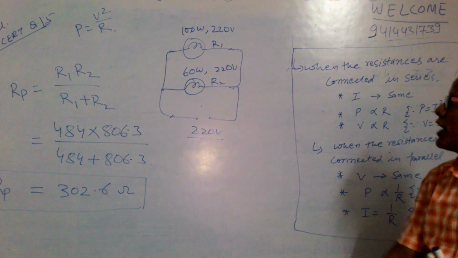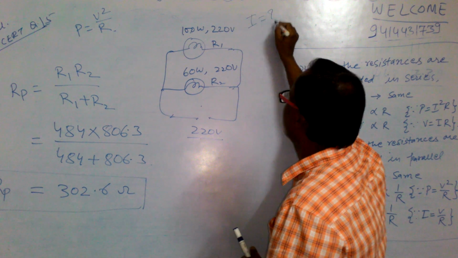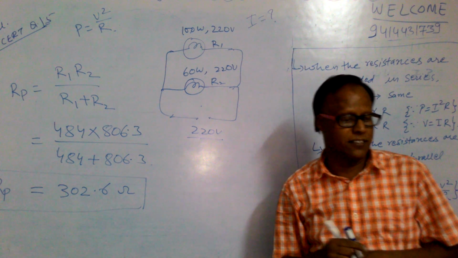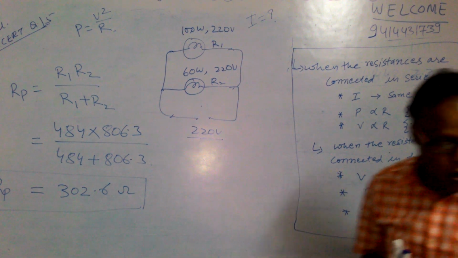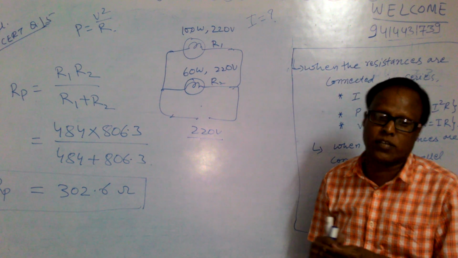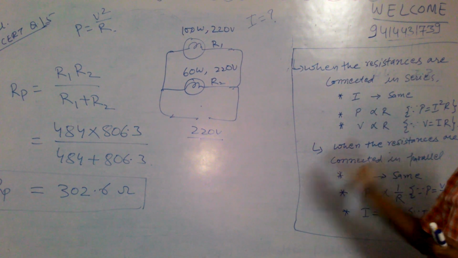Our aim is to calculate the current of the circuit. Read the question again: what current is drawn from the line if the supply voltage is 220 volt? So now apply Ohm's law.